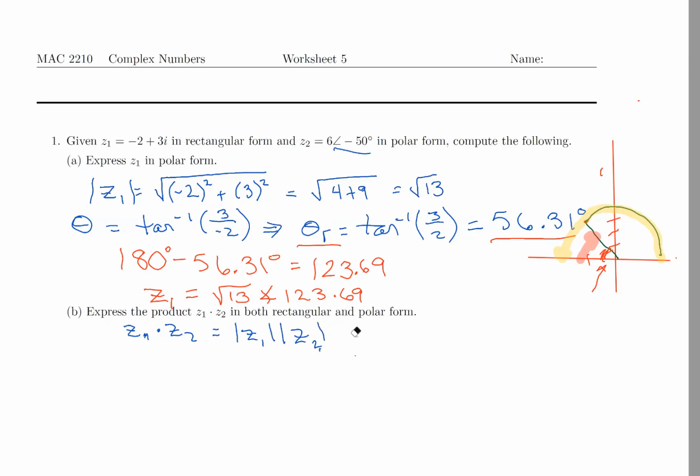So let's just do it. This would be at an angle of 123.69 minus 50 degrees. So this would equal the square root of 13 times 6 at an angle of 73.69 degrees.